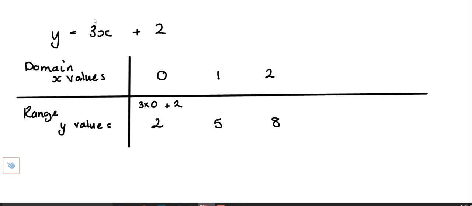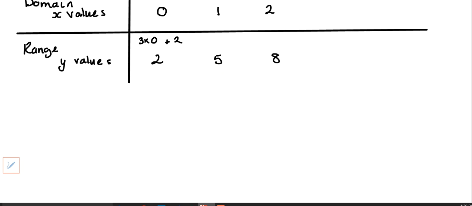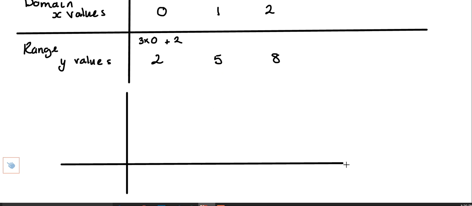Now, what I'm trying to get at is that 0, 1 and 2 are fine numbers to choose. They're very easy. But there are other numbers between 0 and 1 and between 1 and 2. If I draw a set of axes, where do the values come from?